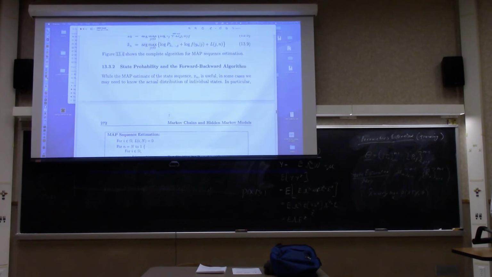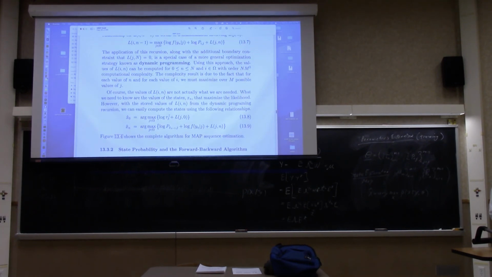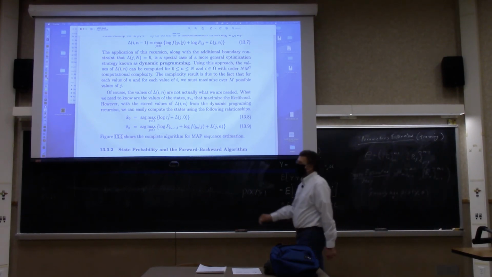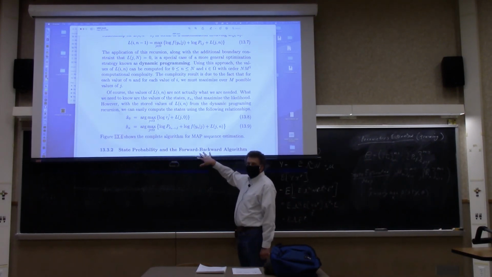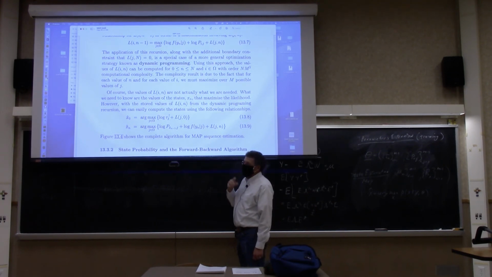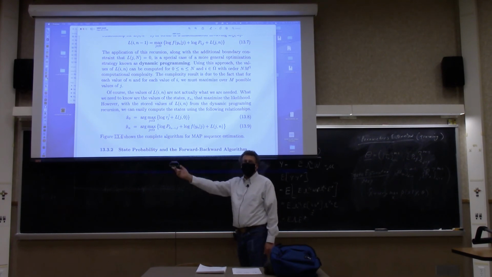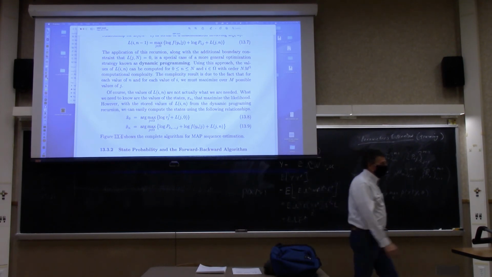I'm going to skip that, but I'm going to talk about the forward-backward algorithm. The forward-backward algorithm is pretty cool, okay? It is very closely related to dynamic programming, though a little different. You do one pass forward, one pass backward, and it allows you to compute all the marginal probabilities of the states.